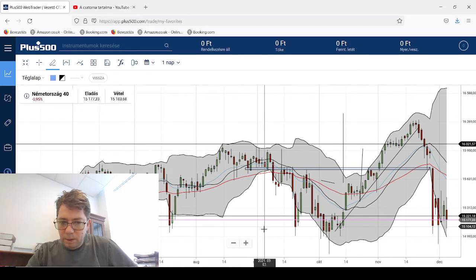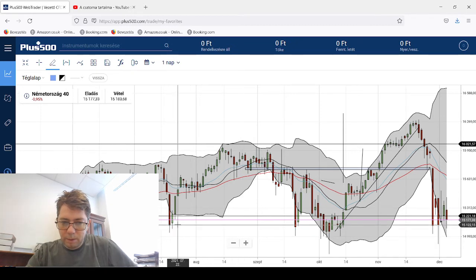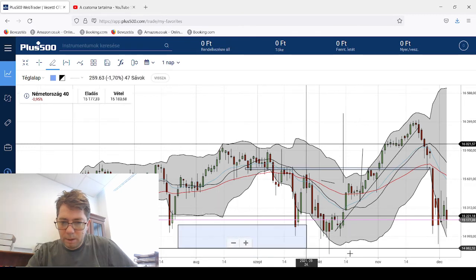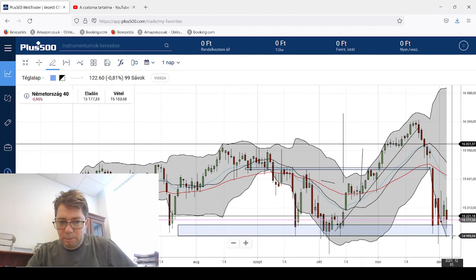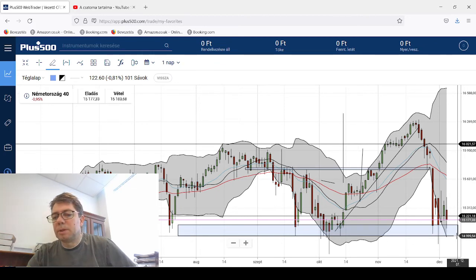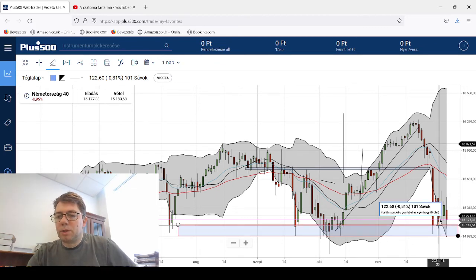All right, so let's start it around here and all the way to this area. We have wicks even below this area, but let's say that this is an area of support right now for the German index, 15,000 up to 15,130.